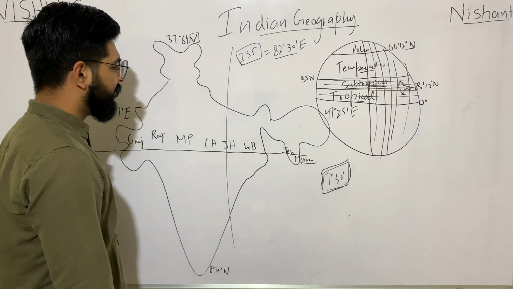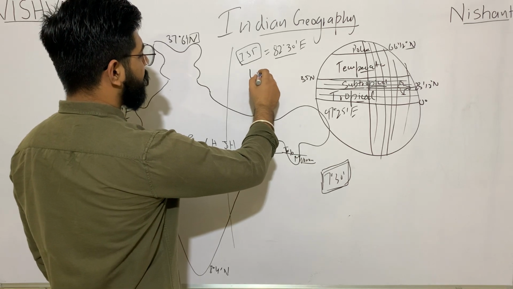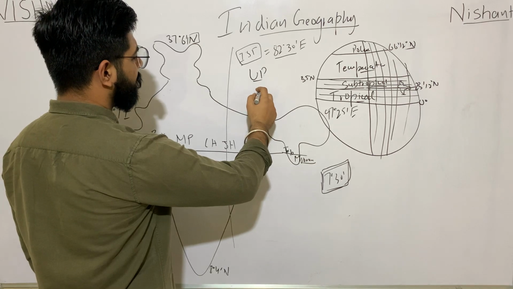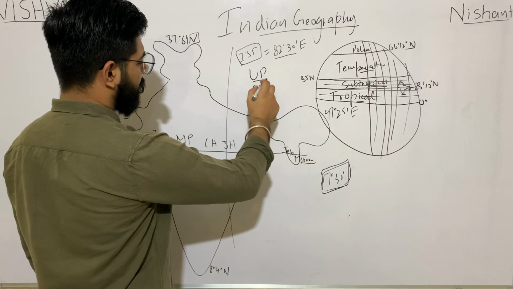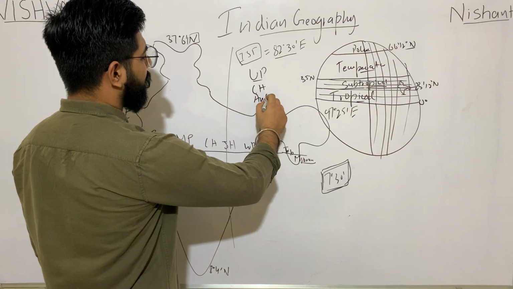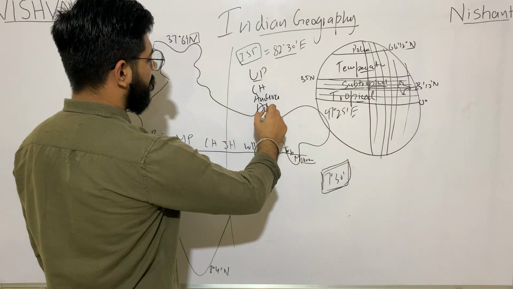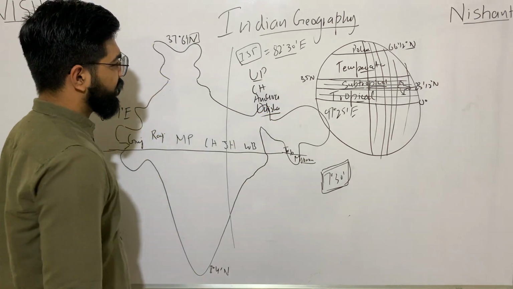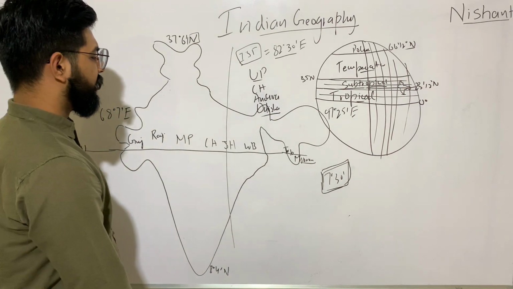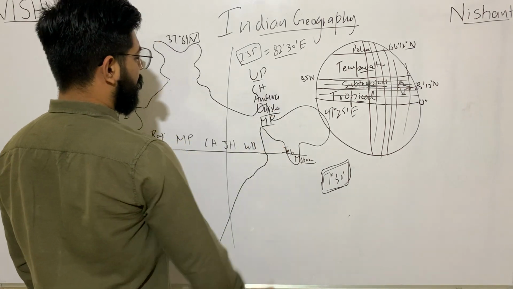Now this Indian Standard Time passes through, first of all, UP, Mirzapur. Then we have Chhattisgarh, Andhra Pradesh, Odisha, and one more state, Madhya Pradesh.